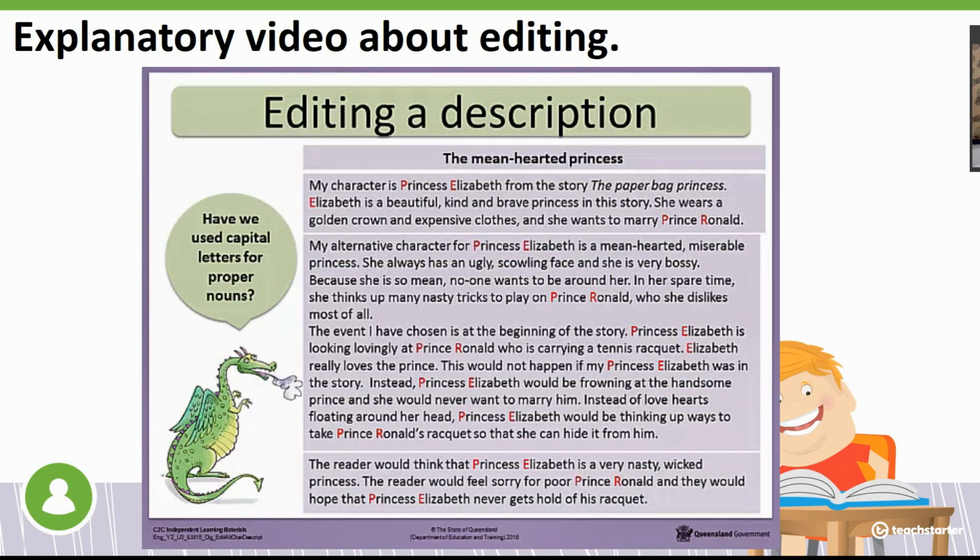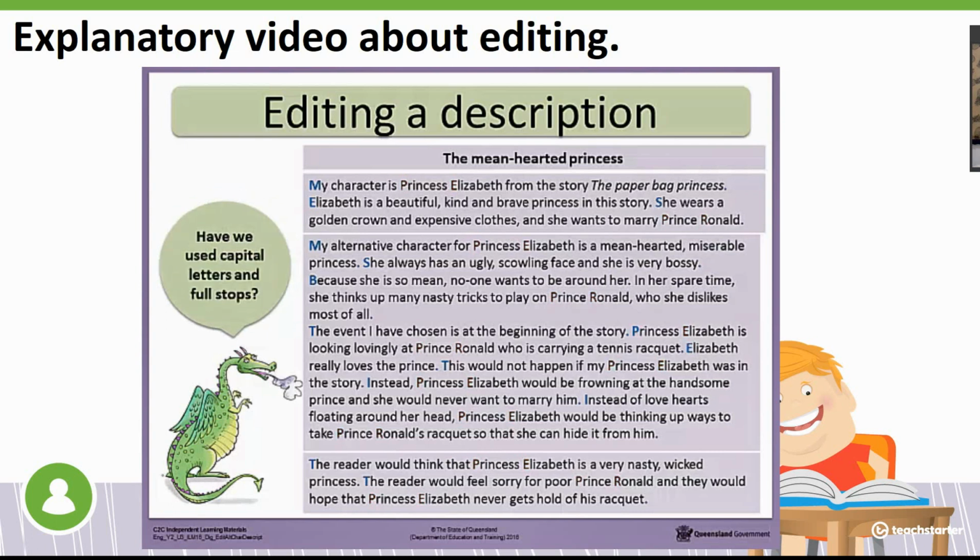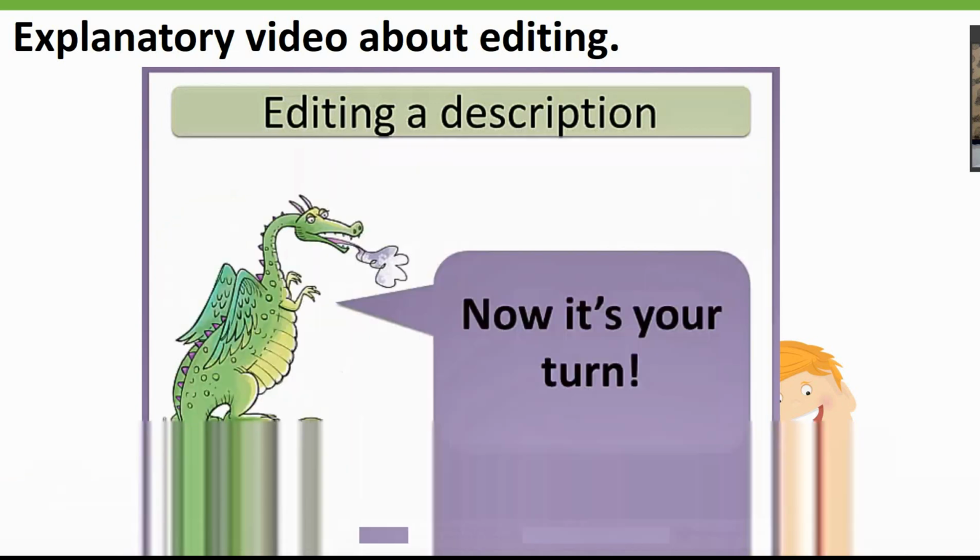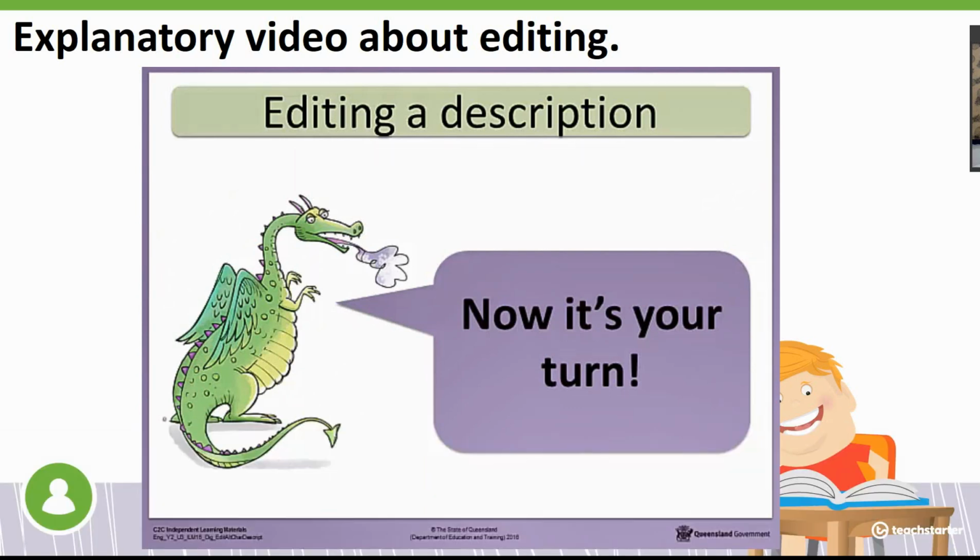Yes, we have given Princess Elizabeth and Prince Ronald capital letters when we have written their names. Have we used capital letters and full stops in sentences? Yes. When we read through the story, we can see that the capital letters have been used at the beginning of sentences and full stops at the end. I hope you've enjoyed editing the description with me. Now it is your turn to edit your description.